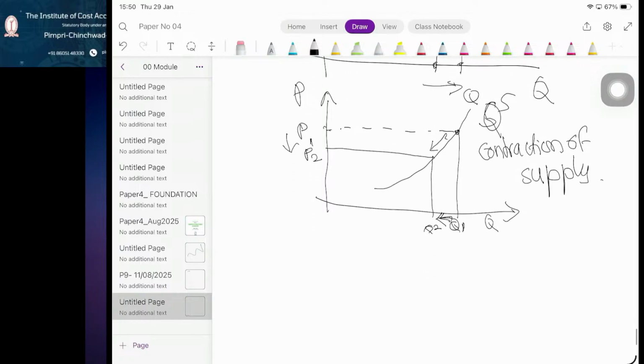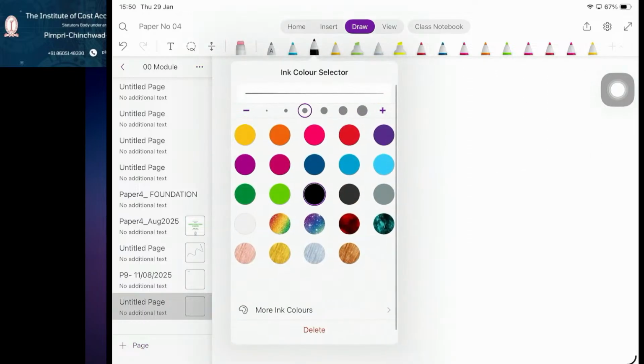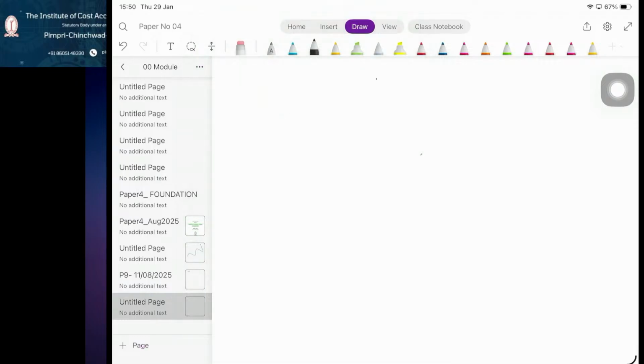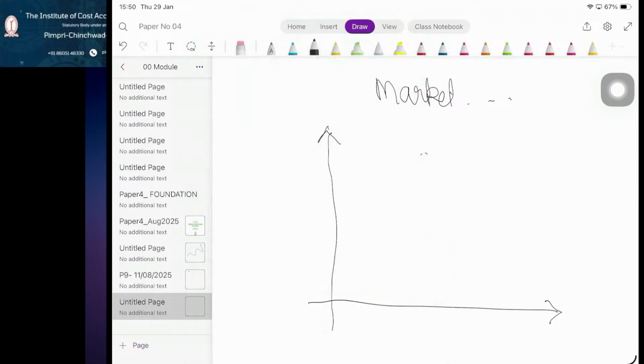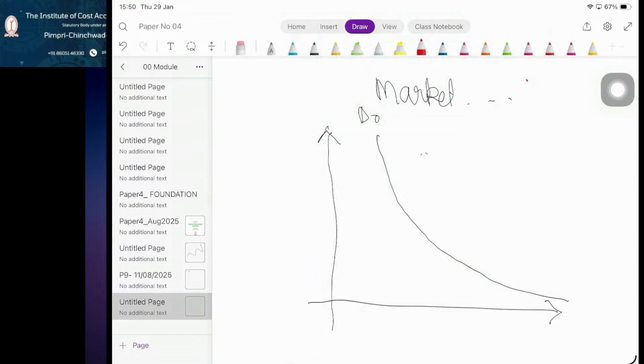Let me just come back to that diagram that we had drawn. Suppose we are talking about the market for whatever commodity. You can talk about the market for t-shirts, cars, whatever market you want to say. Suppose we have a demand curve which is downward sloping like this, D0, and we have an upward sloping supply curve like this.